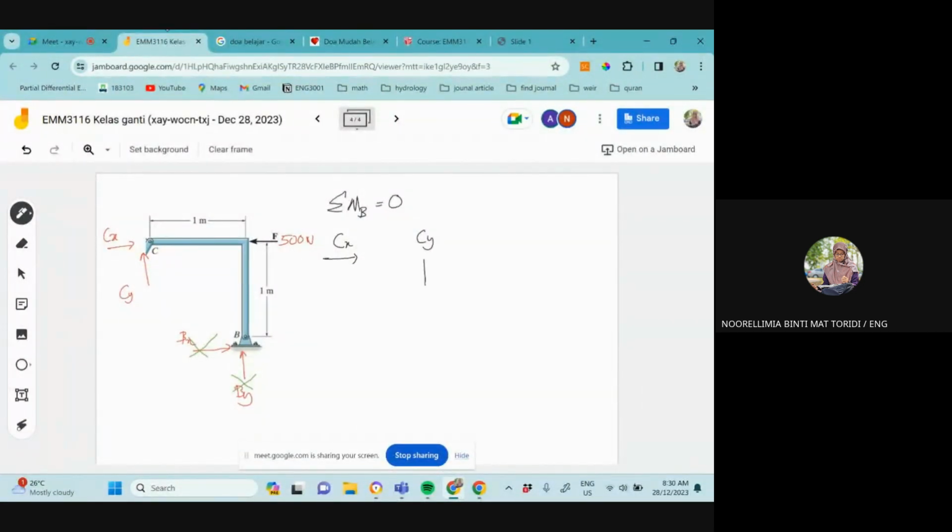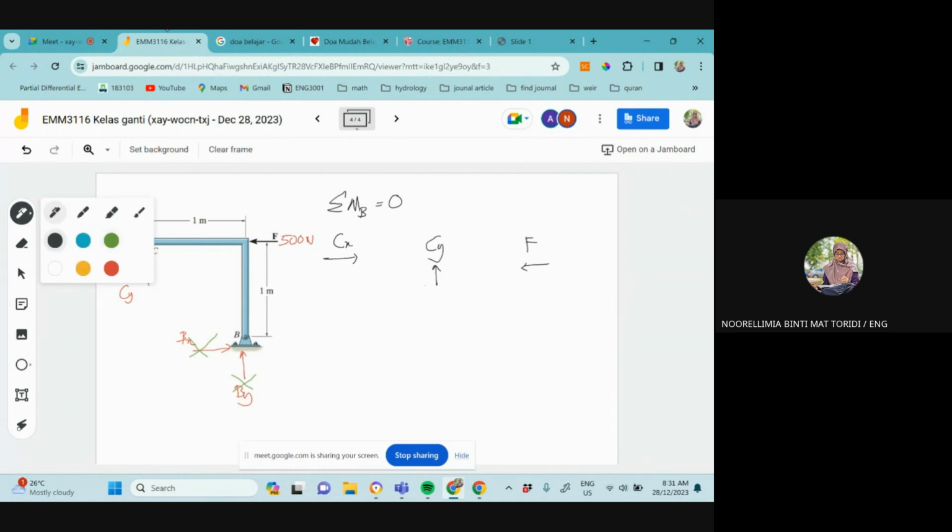Okay, so this is the arrow of the force, and then we have F. So we have F like this. Okay, and then we have CY, okay. CY. And then we have F, okay, so this is the arrow.